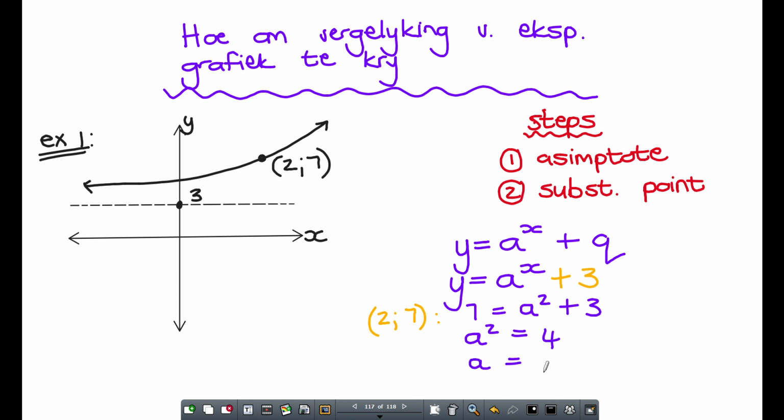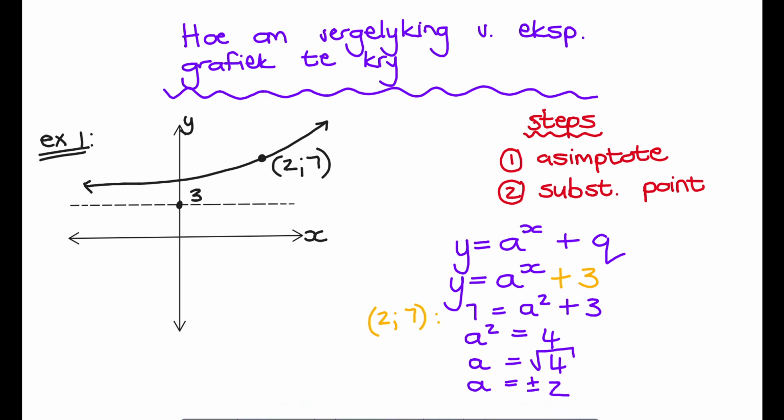So a will then be the square root of 4, in other words, a is positive or negative 2. But we're going to have positive 2, so therefore y is equal to 2 to the power of x plus 3. Okay, are you alright there, Shantay?